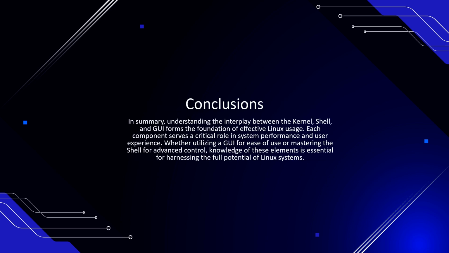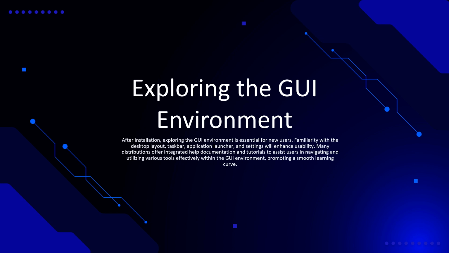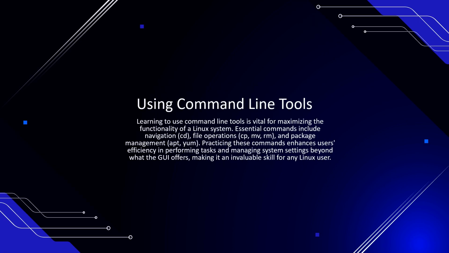Now we will see some of the commands or the CLI tools. Learning to use command line tools is vital for maximizing the functionality of a Linux system. By the way, we will see in the next chapters how to use multiple commands of Linux in order to master the Linux distribution.